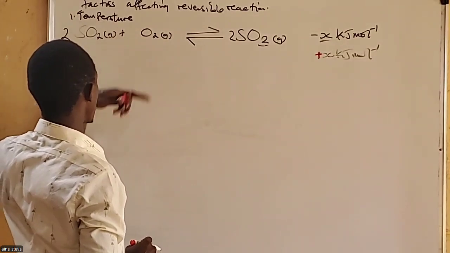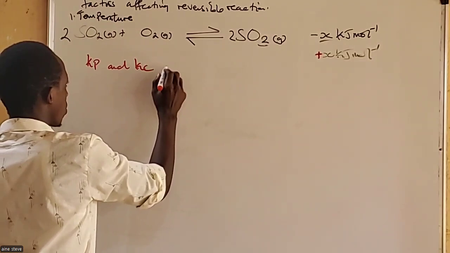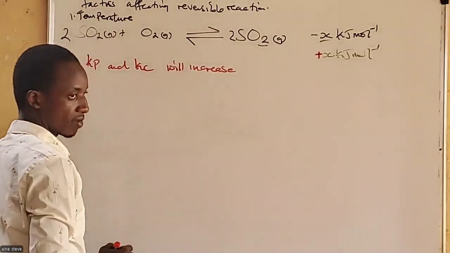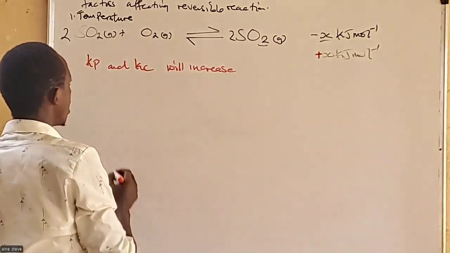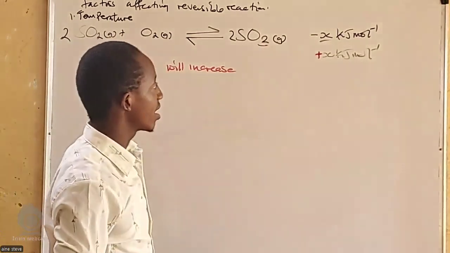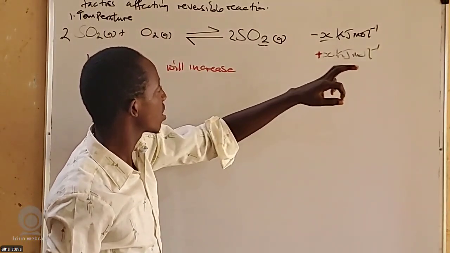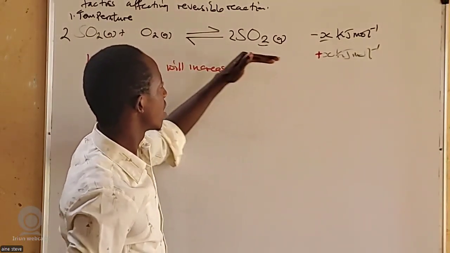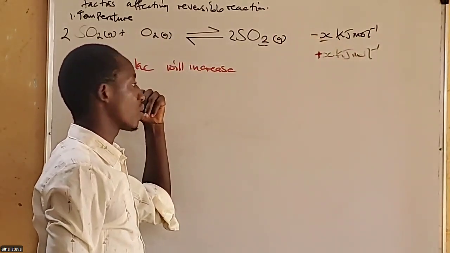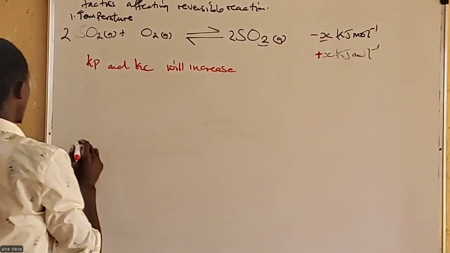It means that the equilibrium constant value Kp, okay, and the Kc will also increase. But the backward reaction, in a similar way, it is exothermic, meaning that when you increase the temperature, the forward reaction proceeds, but the backward reaction will be exothermic. Okay, so that's how you look at it.